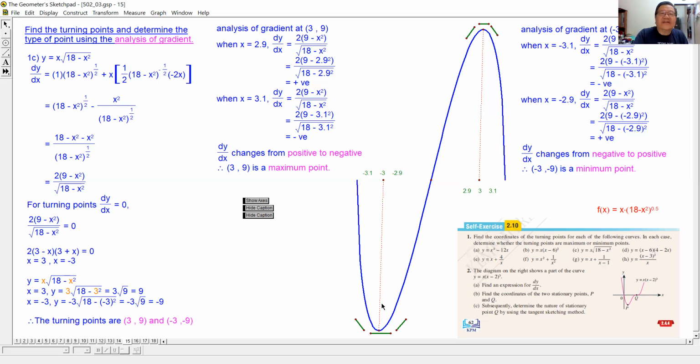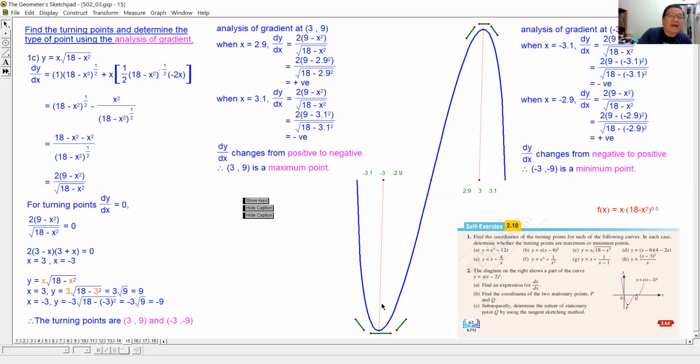Make the dy dx equal to 0. When you do that, sometimes you get only one value for x, and sometimes, depending on the equation, you will get two values for x. Whether you get one value or two values, you have to test what type of turning point they are, whether they are maximum or minimum, right?